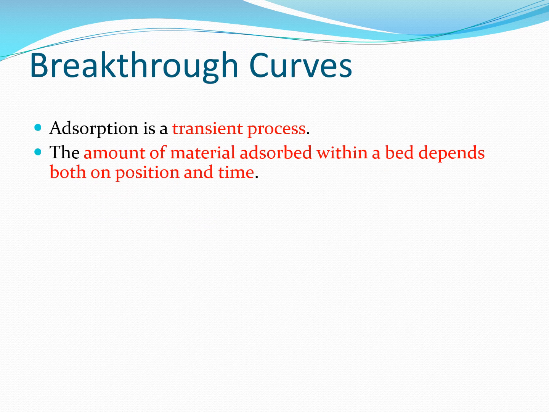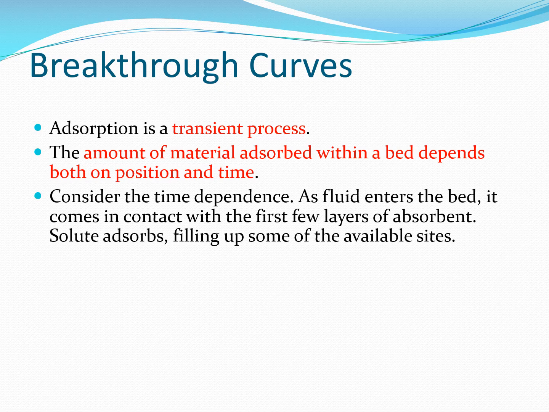So let us move towards the breakthrough curves. What are the breakthrough curves in the adsorption? Adsorption is basically a transient process. What is meant by a transient process is basically a changing process. That means when you enter the feed into a column, at the immediate entry point there will be a certain condition.